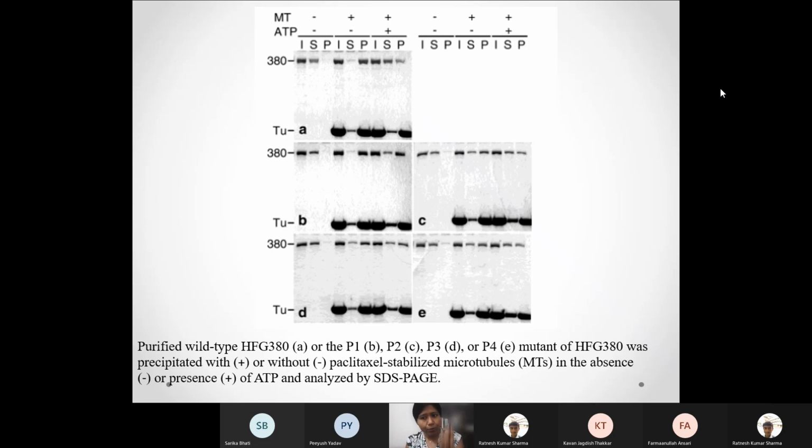If you can somehow purify the microtubules out of the cell, away from the rest of the cytoplasm, and now if you try to see how much dynein is attached to the microtubule, then you can understand, or you can try to have a quantitation, or semi-quantitation I should say, of how much these mutants interact with the microtubule.